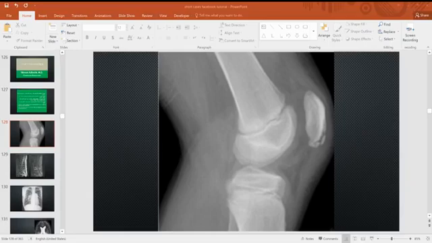Someone wrote Sinding-Larsen disease. Okay, this is the diagnosis. It is Sinding-Larsen disease.